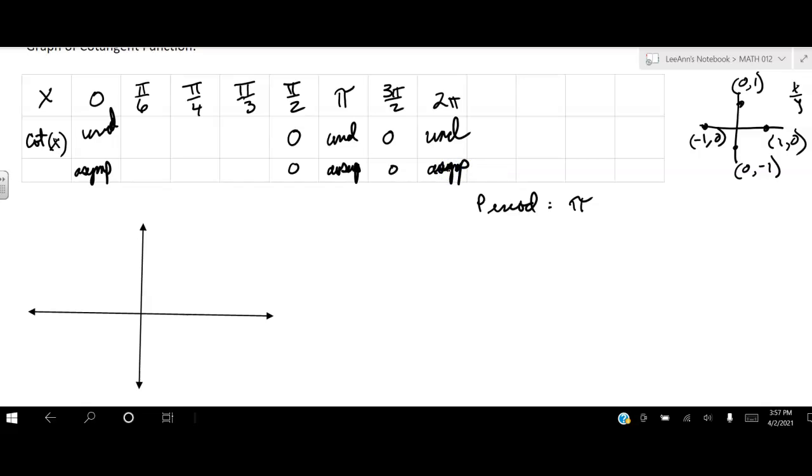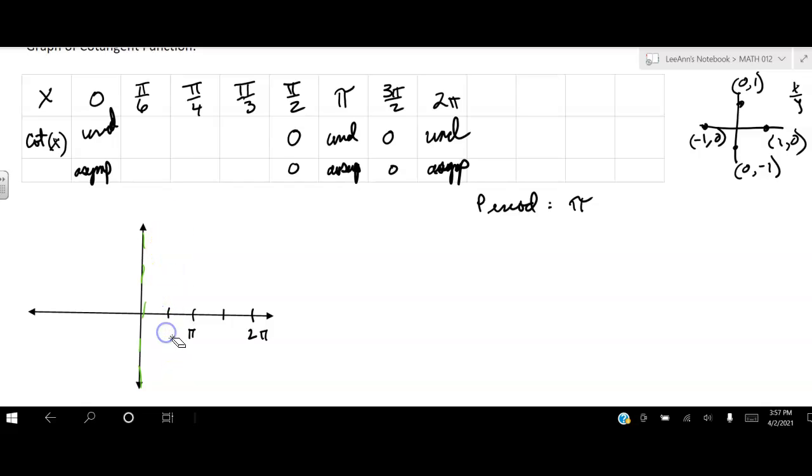Okay, so now we know where the asymptotes are. Let's mark off 2 pi, and then halfway in the middle, pi, and then pi over 2, 3 pi over 2. And then where are these asymptotes at? They're at 0, pi over 2, I kind of made this skinny. And then, let's see. No, not pi over 2.